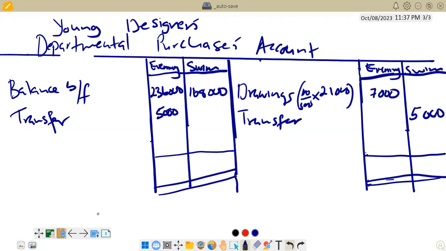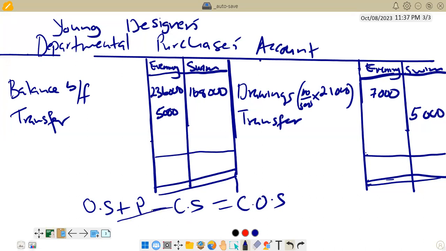In that formula that we say, when you're in the trading account, we have that formula which says opening stock, we add purchases, and then we less closing stock to get cost of sales. This is found in the trading account. So after making our adjustment, we then transfer the figure that we have in that account to the trading account.